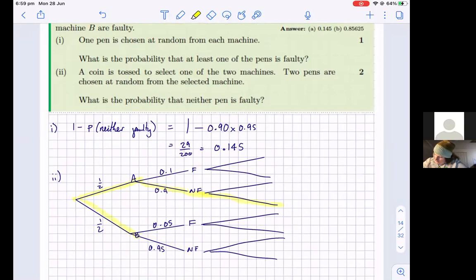If it's B, we could have 0.95 times 0.95. Gives me 137 over 160, 0.85625. Okay, read the question.